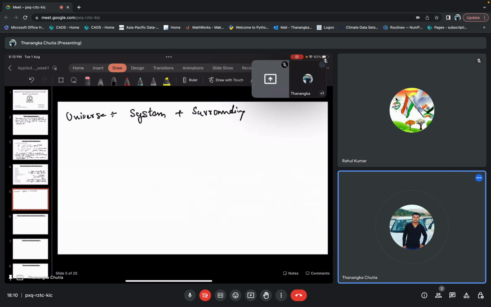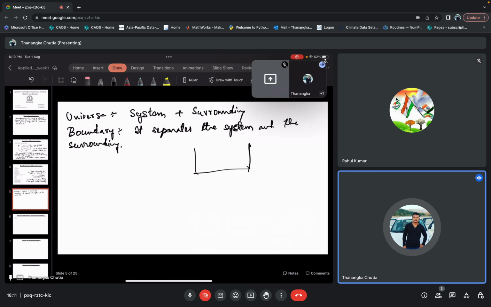Okay, next is boundary. It separates the system and the surrounding. In the previous example, I am boiling some water.